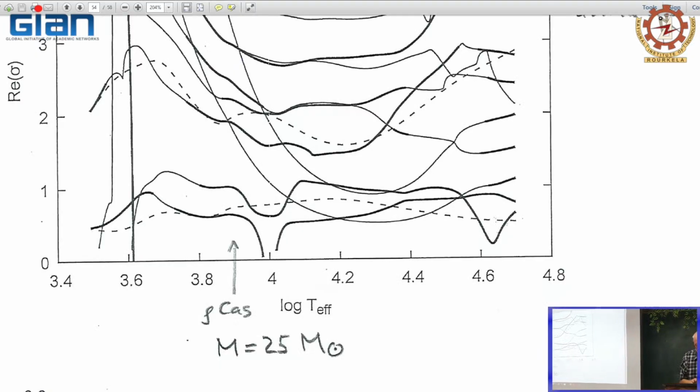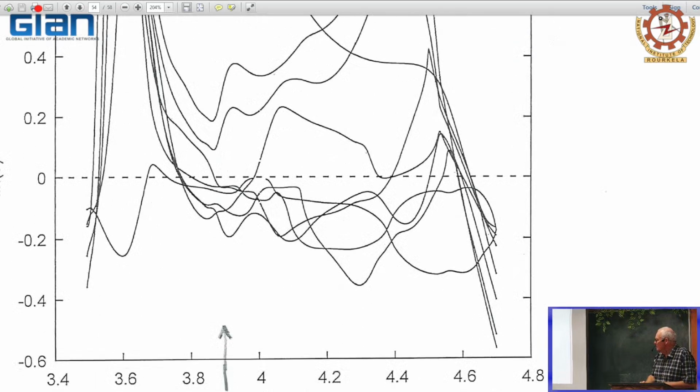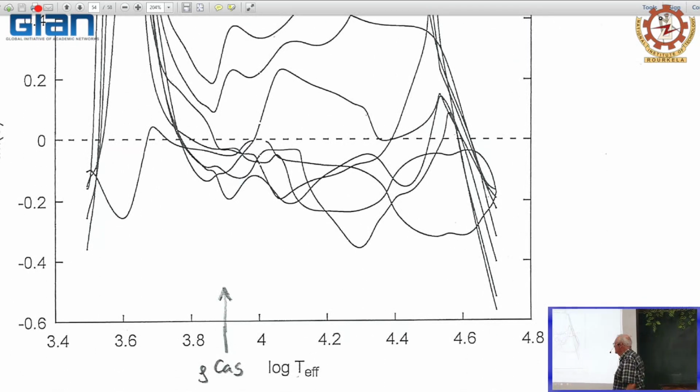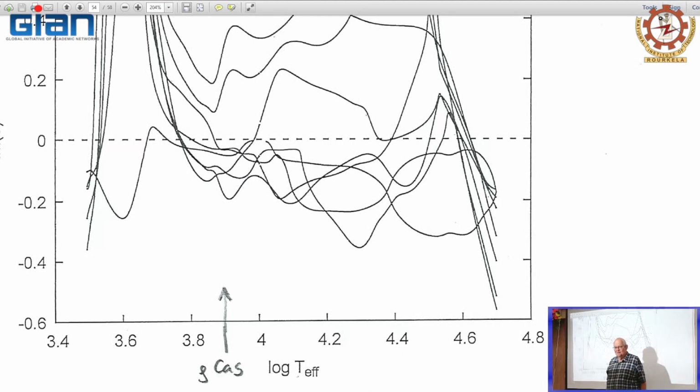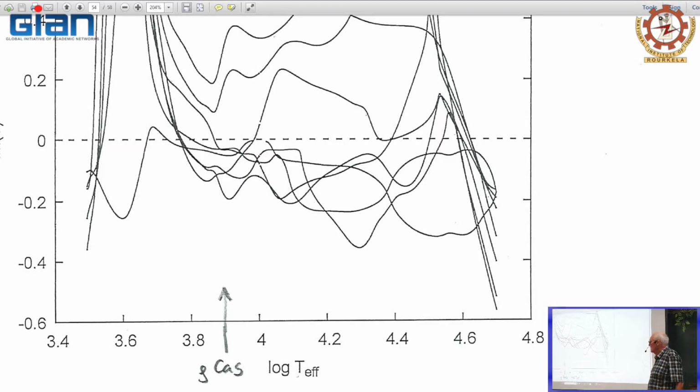Well, consider the imaginary parts. Apart from a very small gap, which we do not know whether it is relevant or significant, the whole domain of effective temperatures, from very high temperatures, which are appropriate, for instance, for luminous blue variables, through yellow hypergiants to red giants, all these stellar models are unstable except for this small gap.